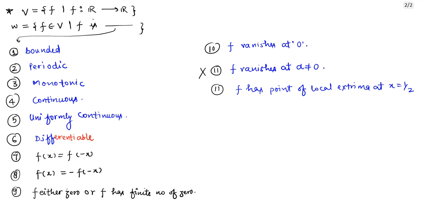Point of local extrema means f dash has a 0 at 1 by 2, right? And f dash is 0, f double dash is not equal to 0.